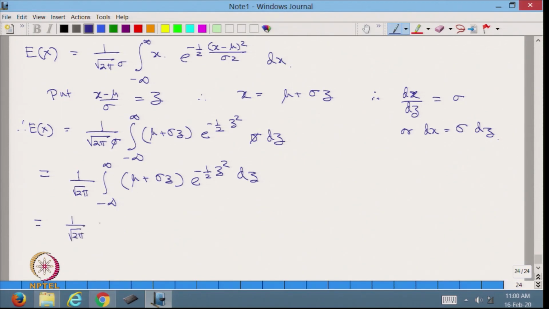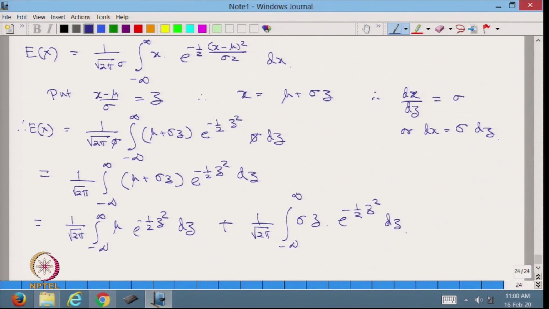This is equal to 1 over root over 2 pi integral from minus infinity to infinity of mu e to the power minus half z square dz plus 1 over root over 2 pi integral from minus infinity to infinity of sigma z into e to the power minus half z square dz. Now, if I take out mu, we get the integration of the standard normal PDF.